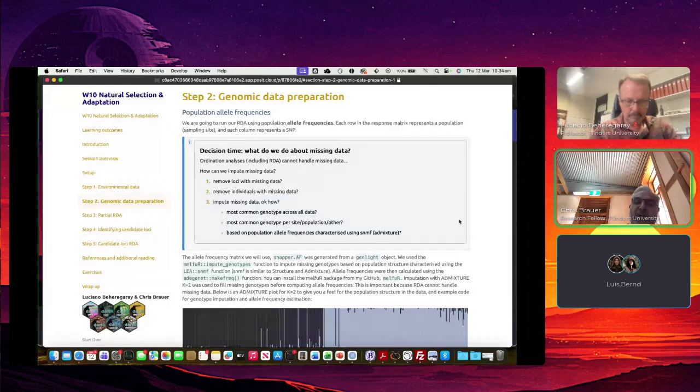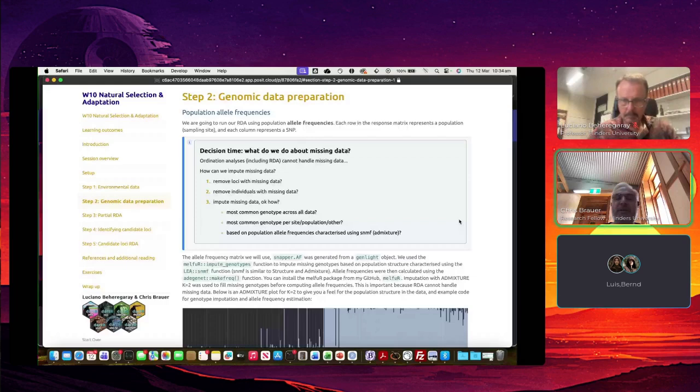We'll keep moving on to our genomic data now. As I said, we're going to be using population allele frequencies. You can also use genotype counts at an individual level. It depends on your system, and on the questions you're trying to answer.